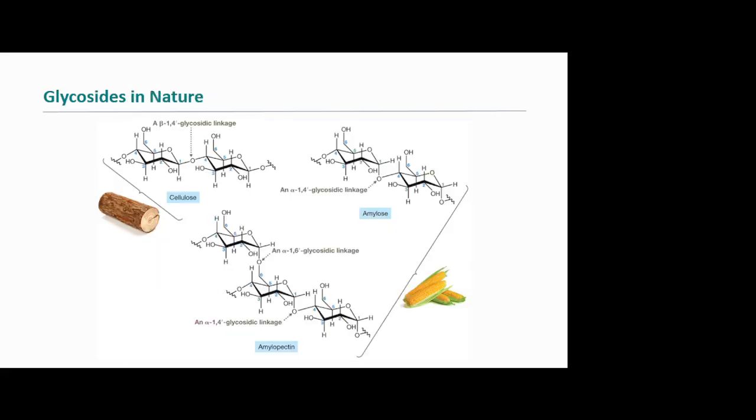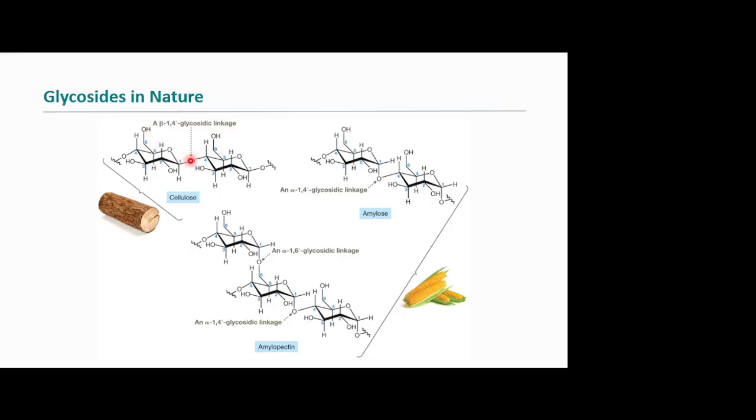Okay. So let's talk about glycosides in nature instead, right? We get a very, very similar thing that happens with glycosides in nature, but in terms of nature, we typically join up different sugars. And so this right here is cellulose. It's going to be a continuous chain where your monomers are your glucoses, and they're going to be beta 1,4 glycosidic linkages.